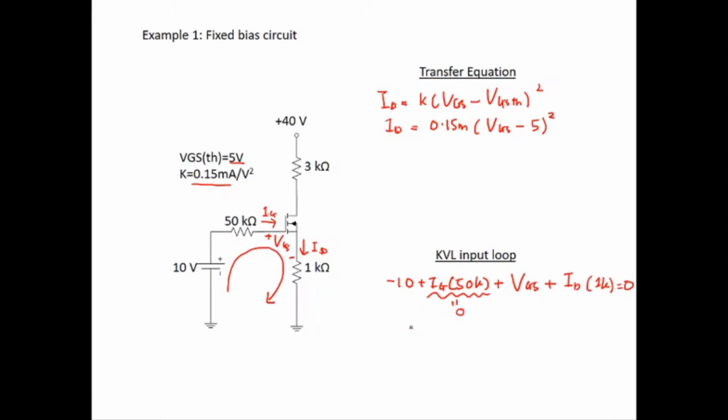So you have minus 10 plus VGS plus ID times 1K equal to 0. This is your KVL. Next, you have the two equations. The first equation is the transfer equation, and the second equation is the KVL. You need to solve these two equations to get ID and VGS.